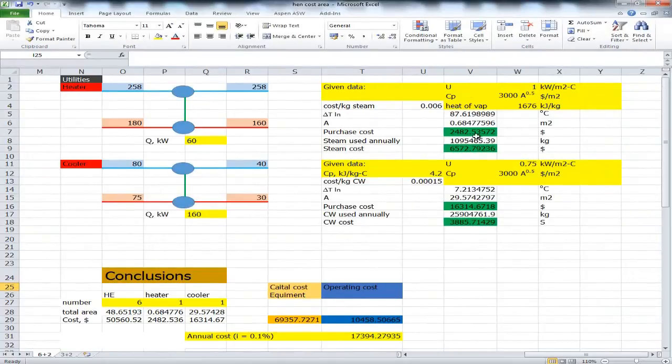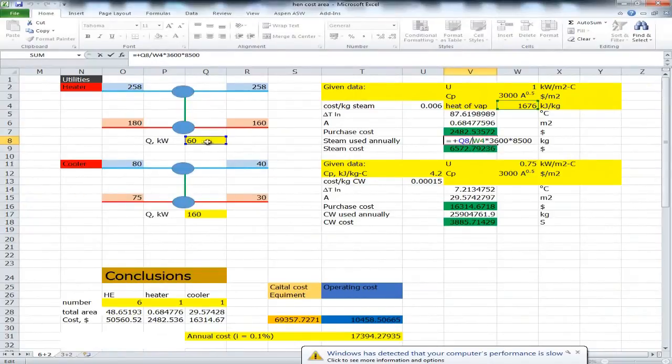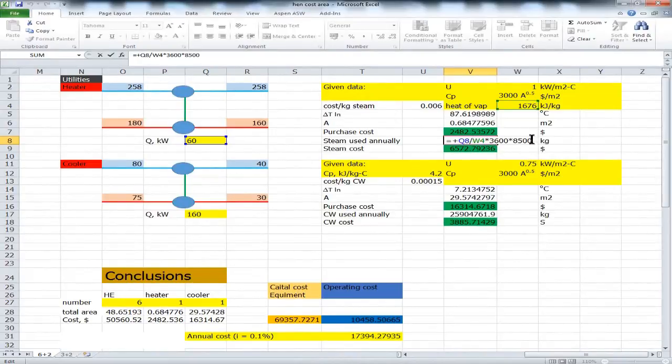Okay, we go to this one. How can I calculate? I use the heat load divided by the evaporation or latent heat, and then change the second to be hour and multiply with the working load of 8,500 hours per year. Okay, so what I get is the amount of steam used.